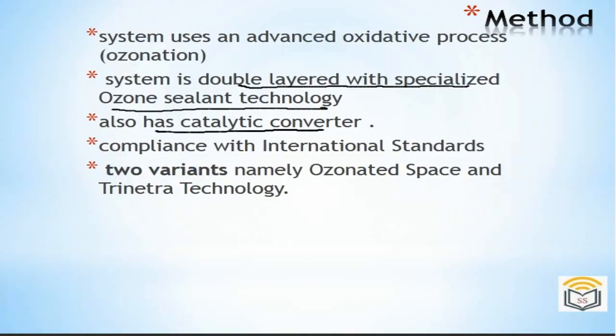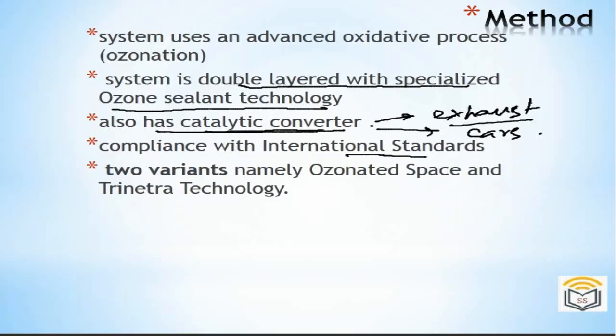It also has a catalytic converter to ensure environmentally friendly exhaust. You may know that these catalytic converters are fixed onto vehicles, cars and automobiles to reduce emissions, so it is in compliance with international standards for occupational, personal and environmental safety also.